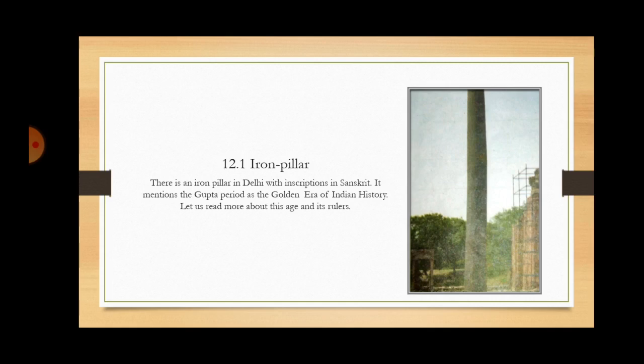Now, let us talk about Samudragupta. Emperor Samudragupta, 335 CE to 375 CE. Samudragupta followed a policy of conquest and expansion and has rightly been called the Napoleon of India. In northern India, he defeated the king of Mathura and rulers of Kota.